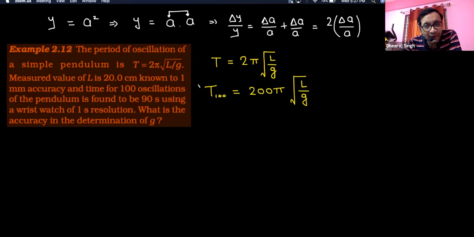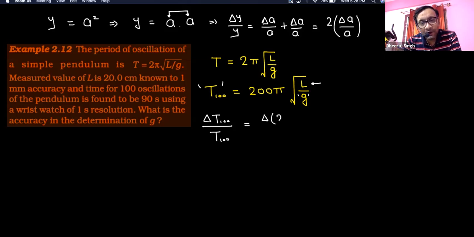Now I'm measuring T100, I'm measuring L. I need to find what? The relative error in G. Two variables I'm measuring, the third variable I have to find the relative error of. So now I can use the definition of relative error here. The error in the 100 oscillations time can be written like this. This is equal to what?